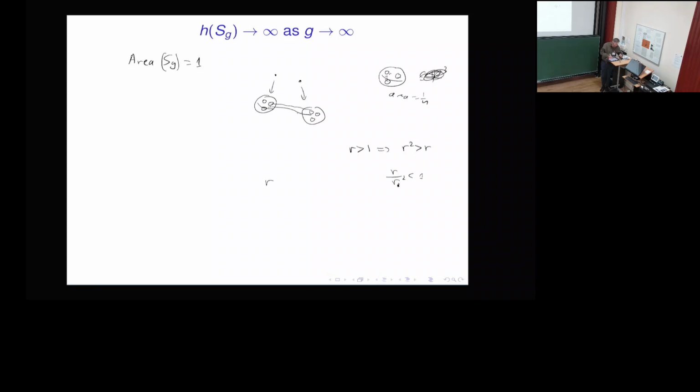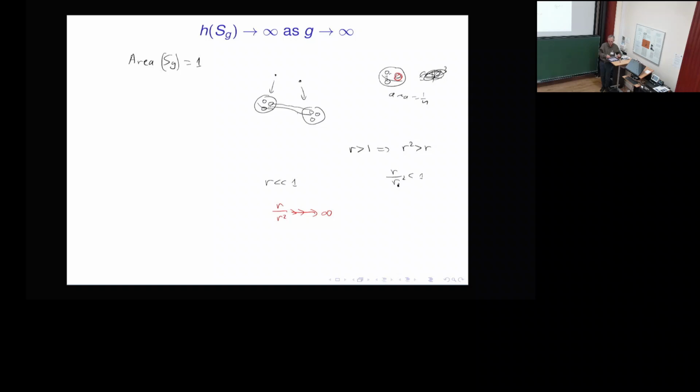But if R is less than 1, like here where my area is very small, and I take the boundary of this curve, then R over R squared is huge, so close to infinity.